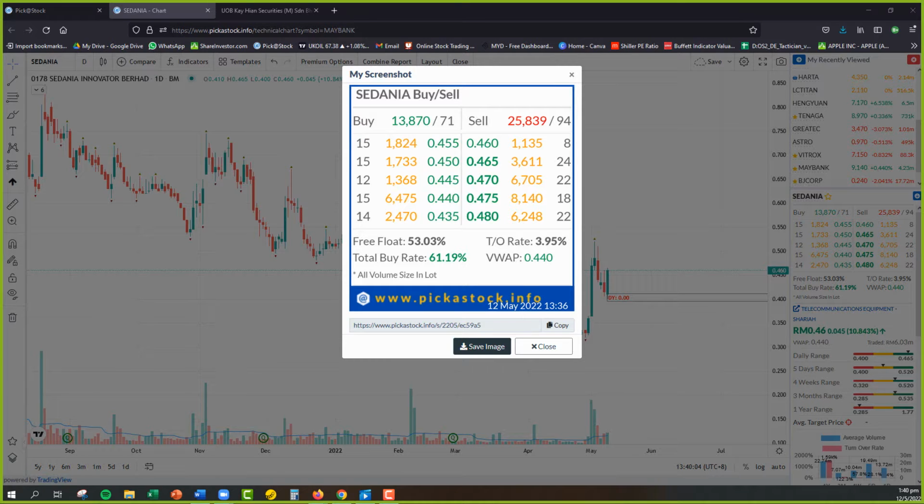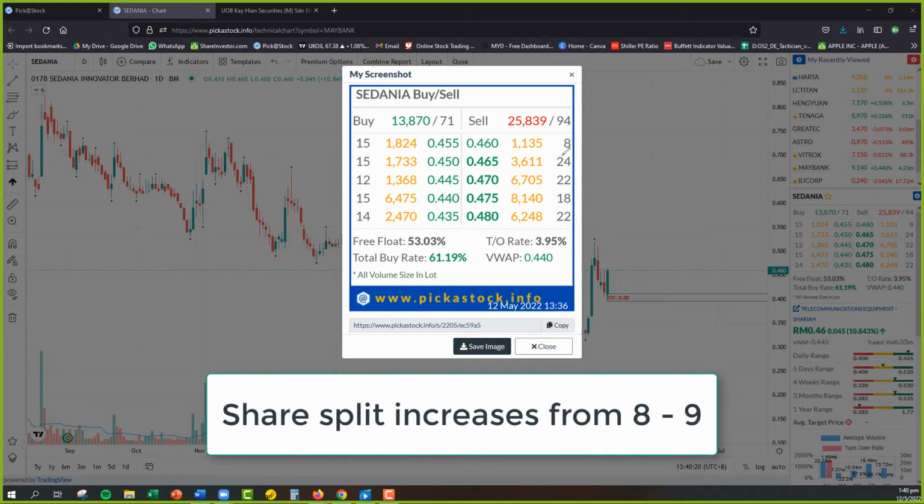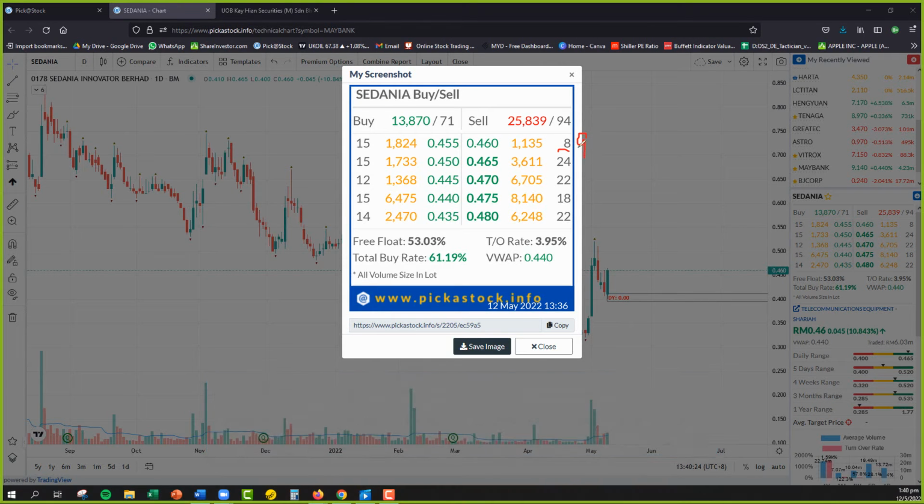Now it's the same for the sell order. If you key in one order to sell at, let's say, 46 cents, and in this case it is for 150 lots, on the right side, which is the seller side, it will appear as one share split here. This 8 will become, I think you guessed it, 9.